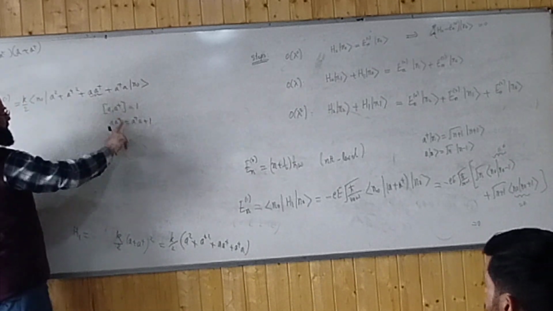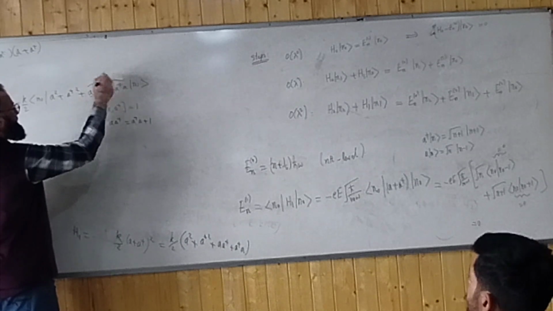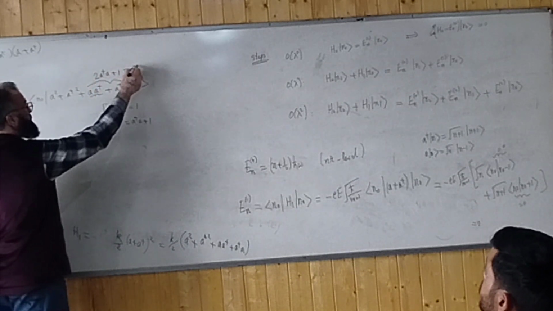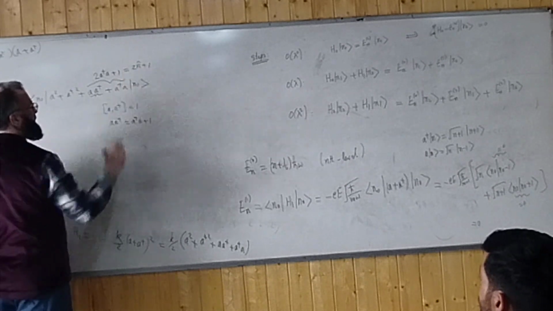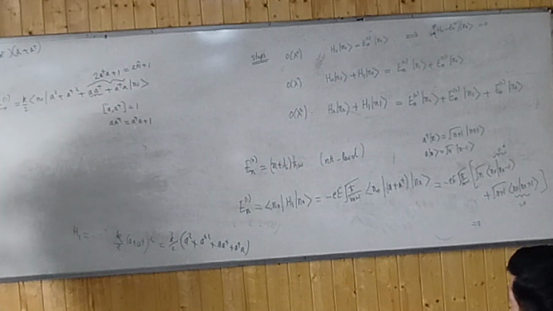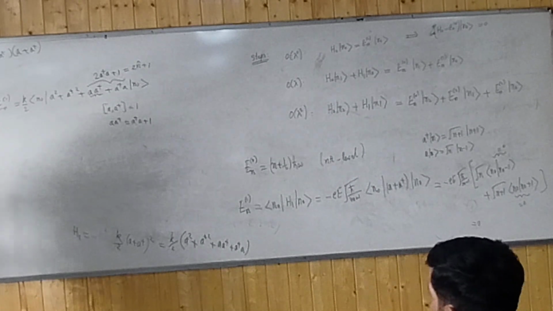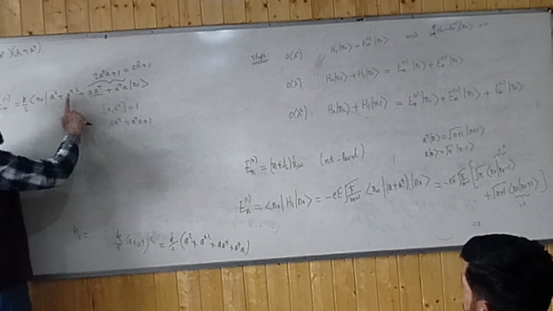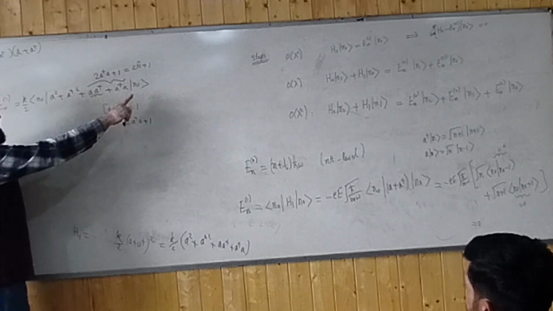So adding these two, it will be simply twice a dagger a plus 1, that is equal to twice n plus 1. So the number operator, I will put n cap here. Clear? Got it?